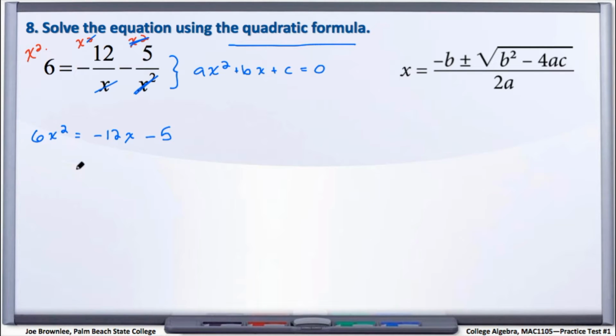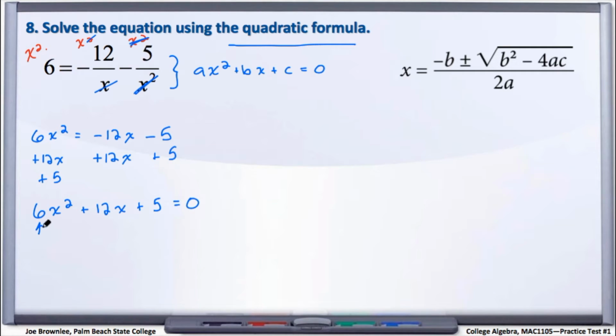And so if we want to make this equation look like standard form, meaning we want the x squared, the x, and the constant on one side, and then that set to 0, well, we can easily make that happen by adding 12x to both sides, and then adding 5 to both sides. And when we do that, we end up with 6x squared plus 12x plus 5 equals 0.